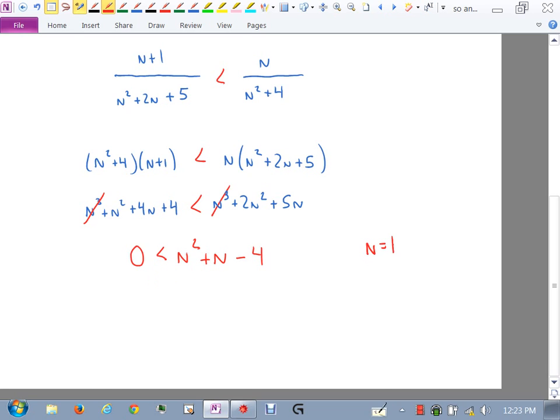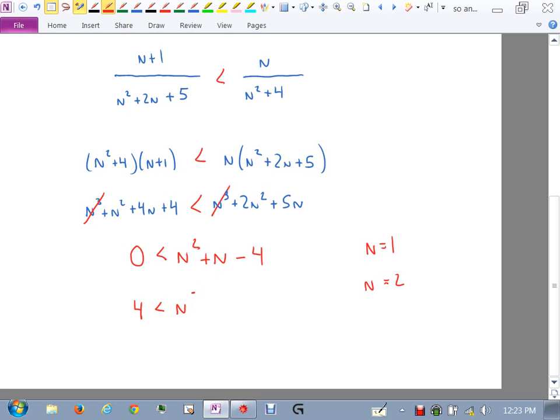Try n as 1. Does it work? It doesn't work, does it? How about n is 2? N is 2, it'll work. N is 3, it'll work. So maybe this is another way that you could look at it that might help you. Because you have to convince yourself, all right, and then me.